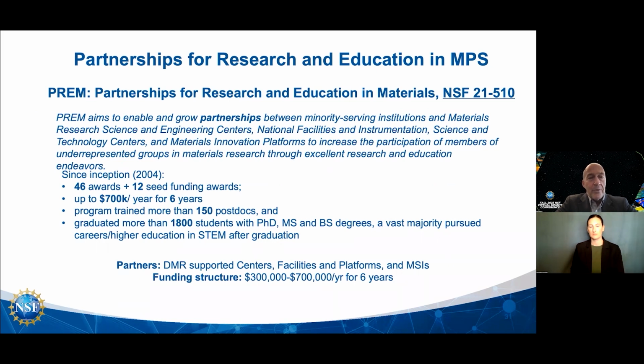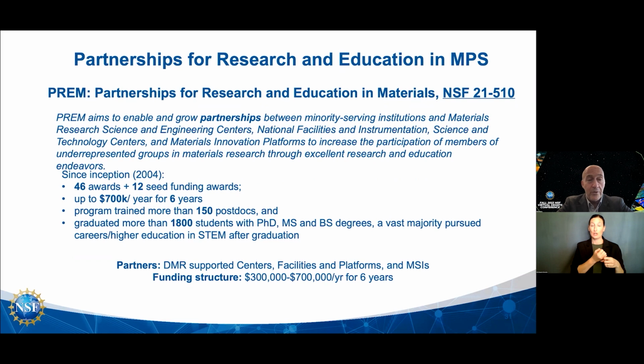So it enables, it's partnerships between minority serving institutions and materials research, science, and engineering centers. So these are not at the individual level, these are more at the programmatic level. Since 2004, this one's been going on a long time. There have been 46 awards, plus 12 seed funding awards, up to 700,000 a year for 6 years.